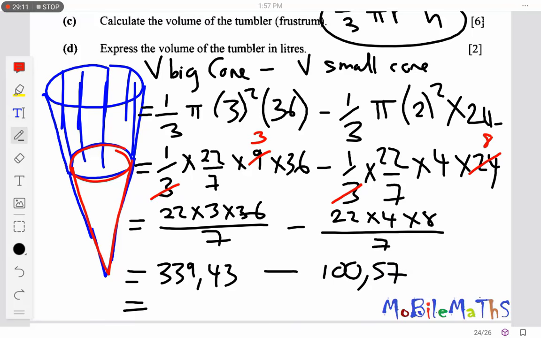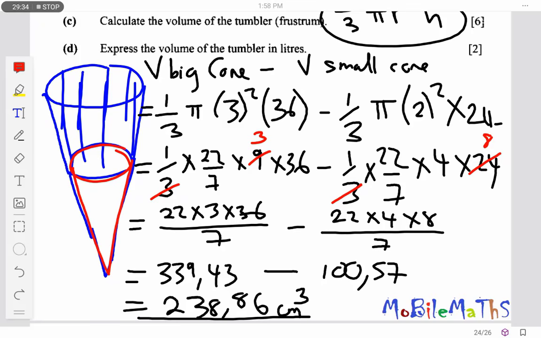So if I subtract 339.43 minus 100.57, I'm getting 238.86 centimeter cubed there. So this is the volume there of the tumbler.